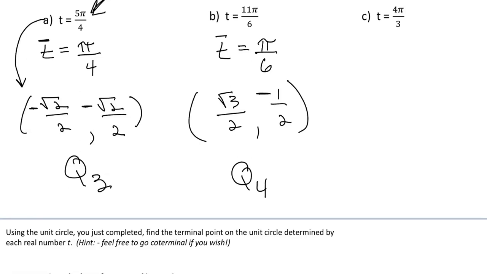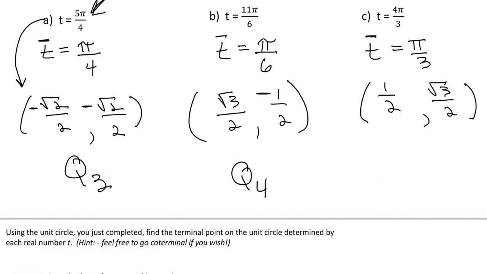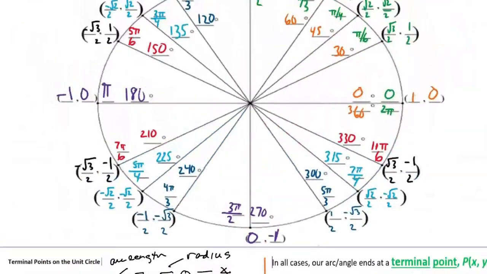Done. Okay, if t is 4 pi over 3 for C, t bar, or the reference angle, is going to be pi over 3. I happen to know that pi over 3, the coordinate pair, is 1/2, radical 3 over 2. Now the question is, where is 4 pi over 3? Let's go look. Okay, 4 pi over 3 is right here.